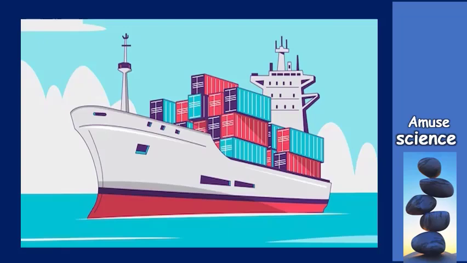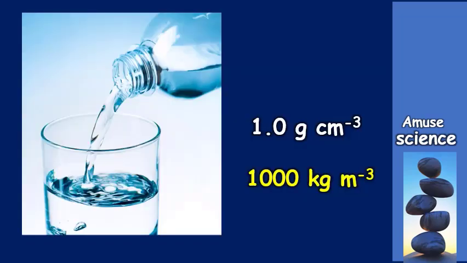Because of this, the standard substance that we usually compare the densities of all other substances to is that of water. The density of water is known to be 1000 kilogram per cubic meters, or 1 gram per cubic centimeters.